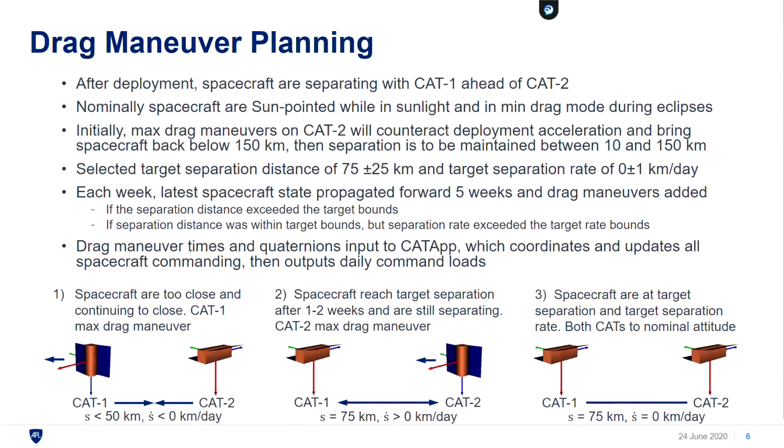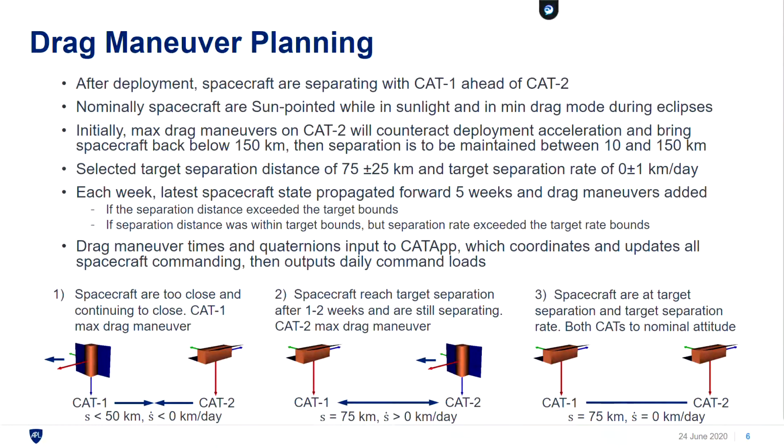Initially, max drag maneuvers are needed on CAT-2 in order to counteract the deployment acceleration, and if necessary, bring the spacecraft back below 150 kilometers. After that, the separation is maintained between that 10 and 150 kilometers. We selected a target separation distance of 75 kilometers and a 0 kilometer per day target separation rate.